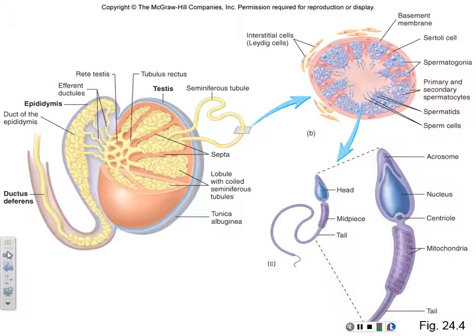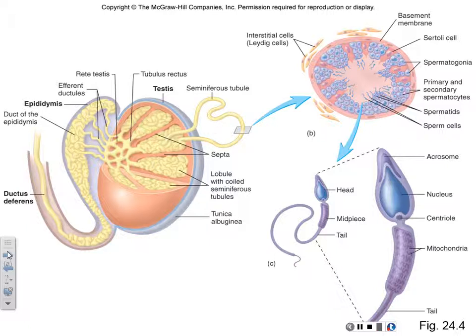We're talking about how you have the seminiferous tubules divided by the septa, the connective tissue, and then the tubulus rectus here, and then you see this rete testis, which looks like a net. The rete testis collects it.